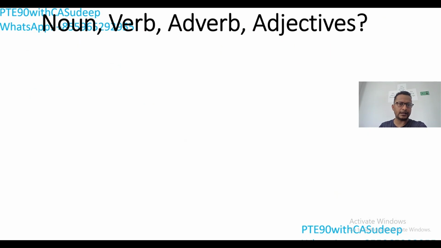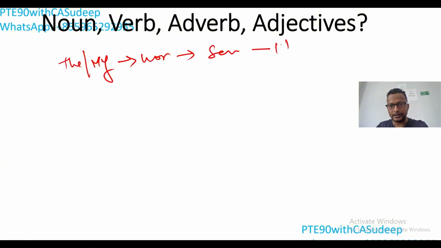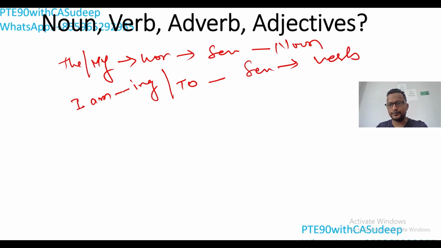Let's quickly do a recap. If you put "the" or "my" in front of that particular word, and if that makes sense, then that is a noun. Now you put "I am" with "ing" or "to" in front of that particular word, and if that makes sense, then that is a verb. And then put "very" or "it is", and if that makes sense, then that is an adjective.